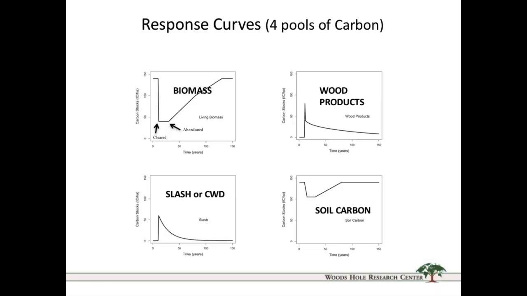Over time, they may decay if they're put into pools that last on average 10 years, like paper and pulp, or into pools of carbon that last maybe 100 years, such as timber. We want to keep track as well of what I call slash, that's coarse woody debris.